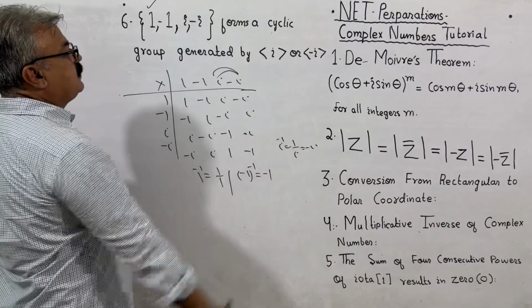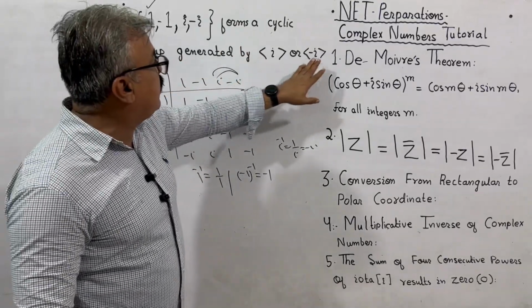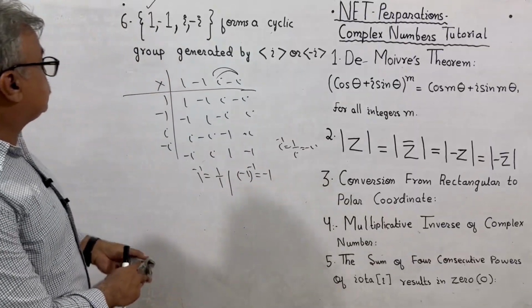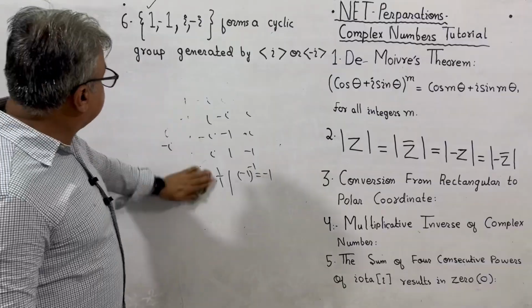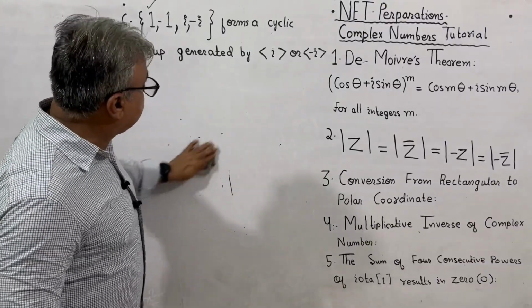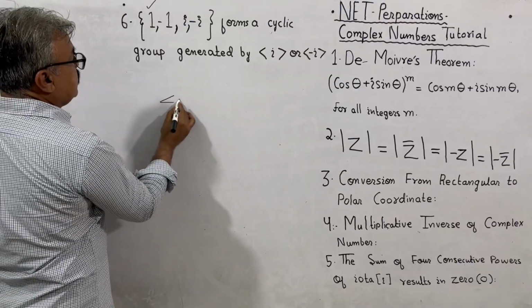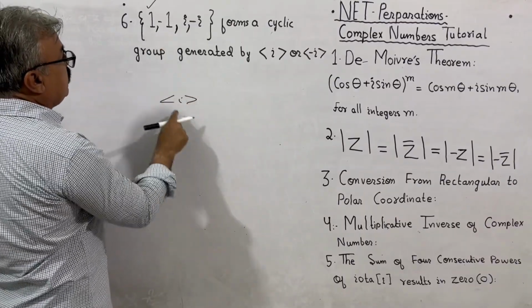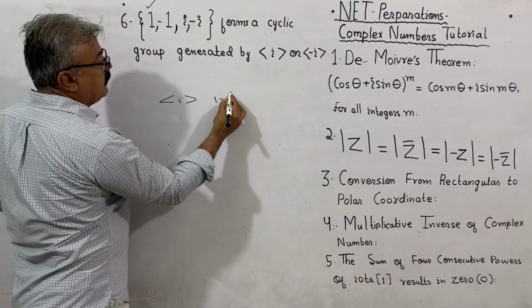Second, it is a cyclic group. Cyclic group means all these elements can be generated by iota or minus iota. That I have just demonstrated before you. Whatever the power of iota, where n belongs to Z, it is 1, minus 1, iota, minus iota. If I take iota, I can generate any element of this. If I want to generate 1, I write iota power 4.